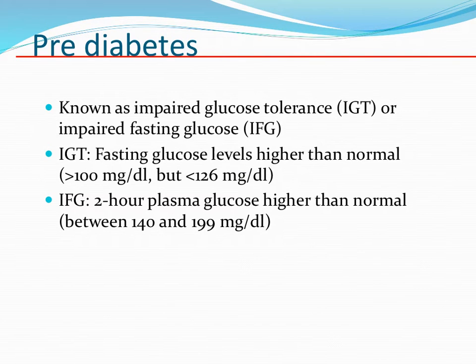There's a great chart on page 1154 that compares type 1 to type 2, and we are just focusing on type 2 for NP2. Prediabetes is when someone has an elevated glucose tolerance test or elevated fasting glucose, okay? And then it gives you values for what would be considered prediabetes.